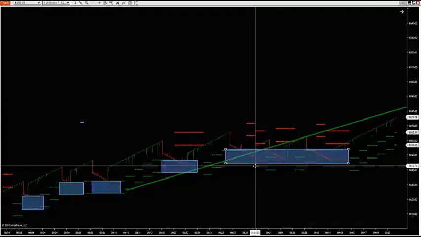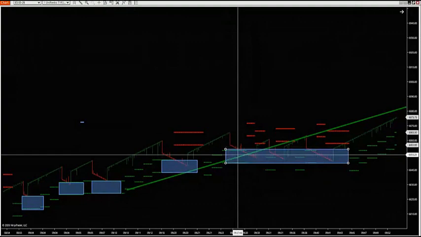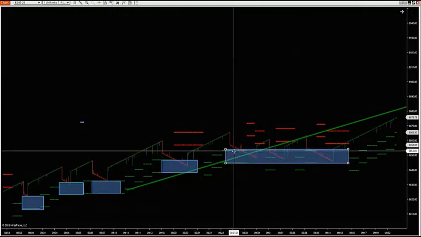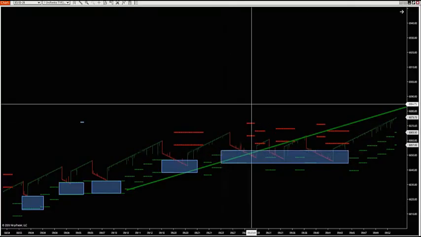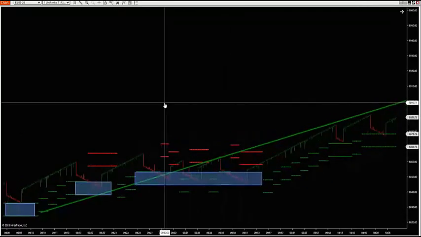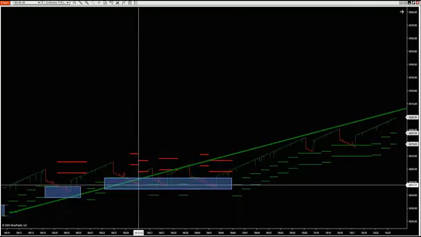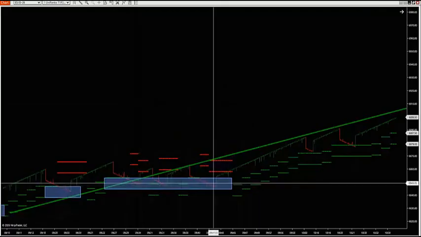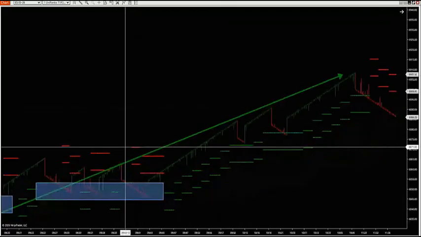Now, like I said, when I find that it's reversing inside of the same exact zone 2 or 3 times, meaning if I got to project a zone, that's typically when they're doing a major accumulation. They're doing a major liquidity grab. 1, 2, 3 reversals inside the zones, and the market just takes off.